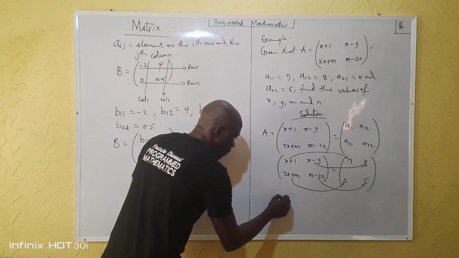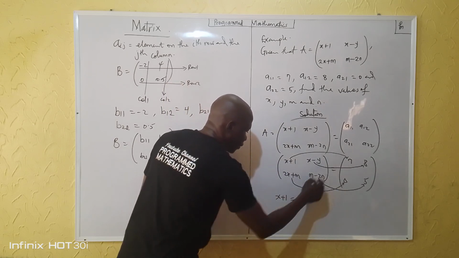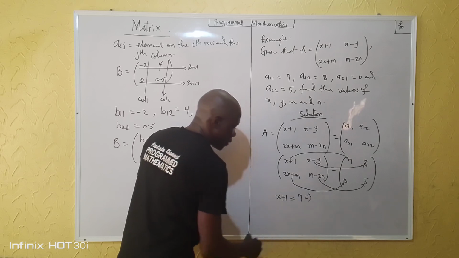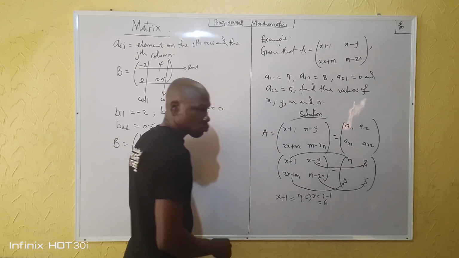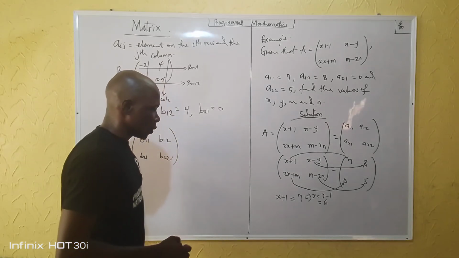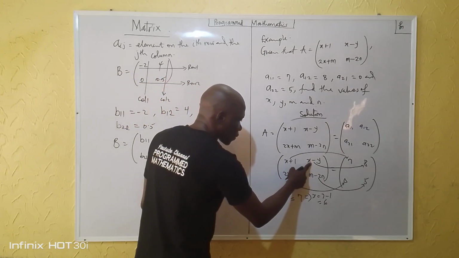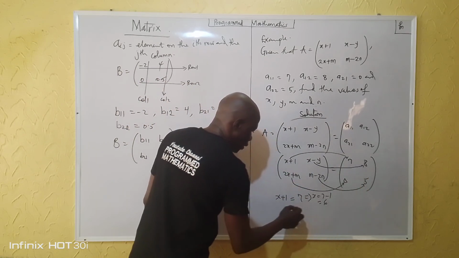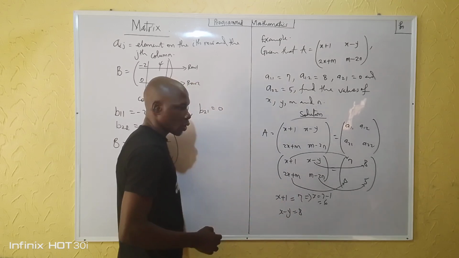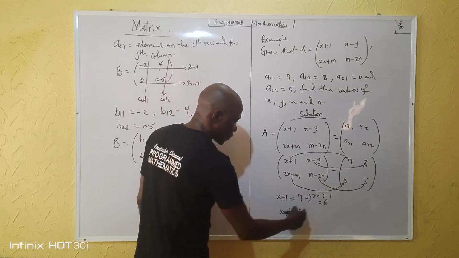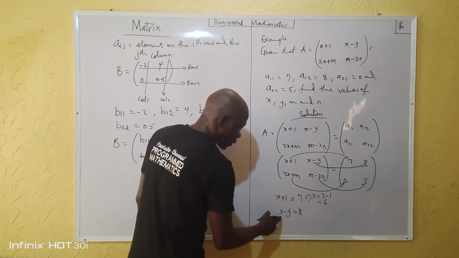First, we have x plus 1 is equal to 7. That simply implies x is equal to 7 minus 1, which is 6. So we have x already. Also, x minus y is equal to 8. Already we have x to be 6, so just replace x with 6.